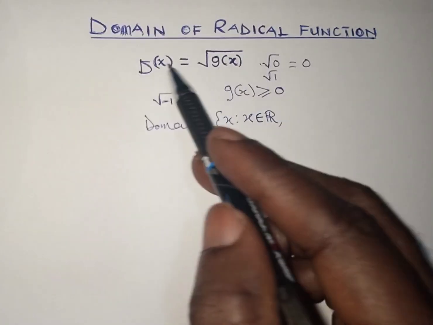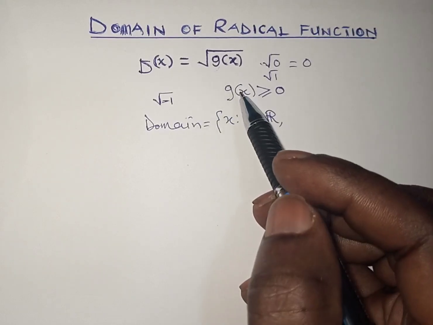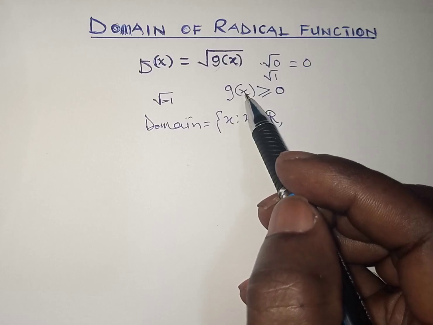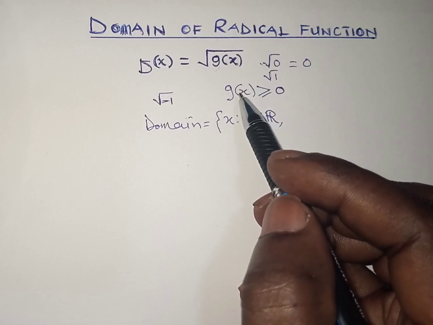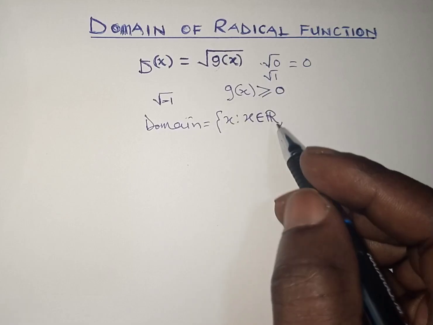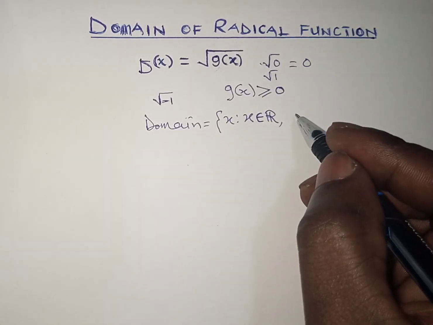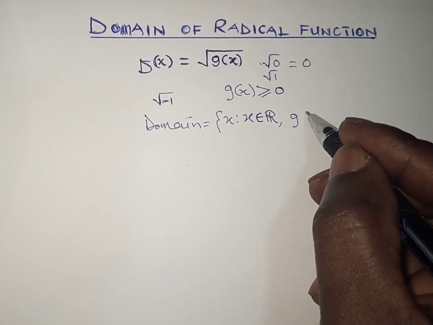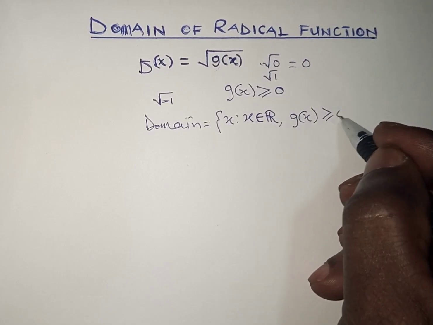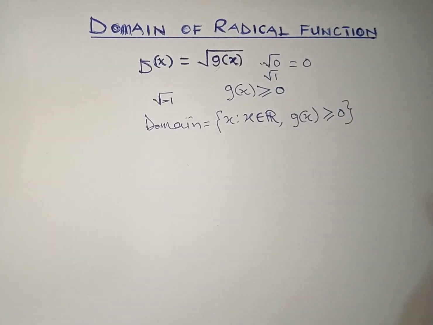That will make the function defined. Any other thing will make the function undefined, and that's not what we are considering. So our domain is given as j of x greater than or equal to 0. All right, great.